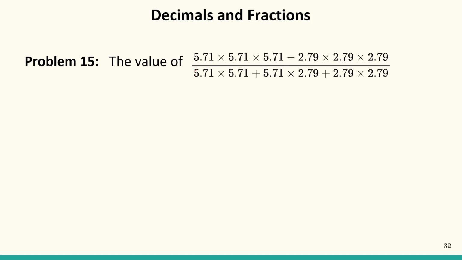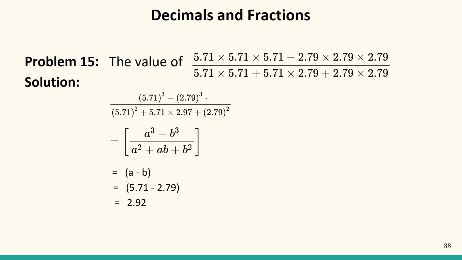Now the value of 5.71 into 5.71 into 5.71 minus 2.79 into 2.79 into 2.79, whole by 5.71 into 5.71 plus 5.71 into 2.79 plus 2.79 into 2.79.